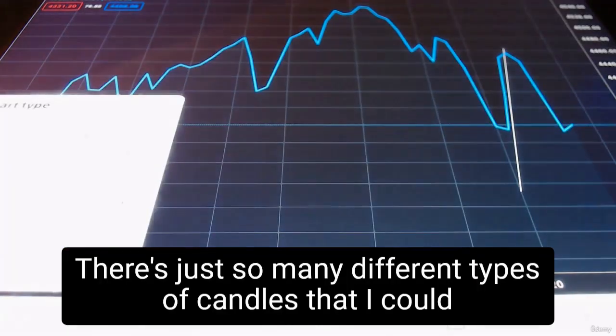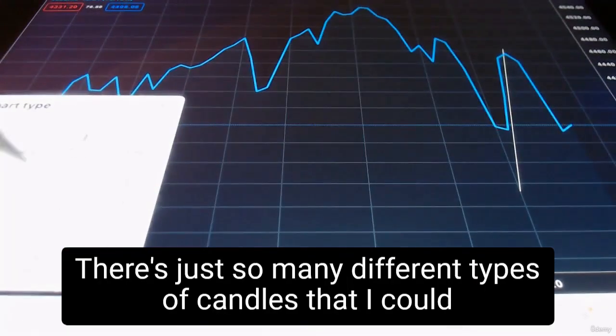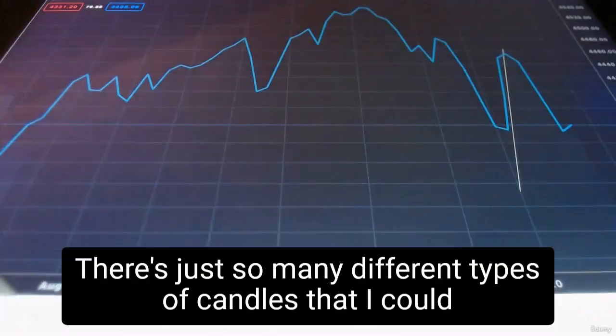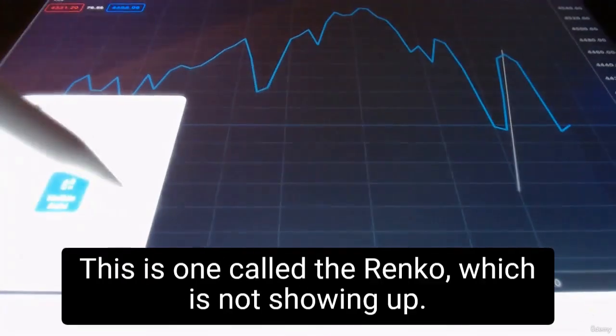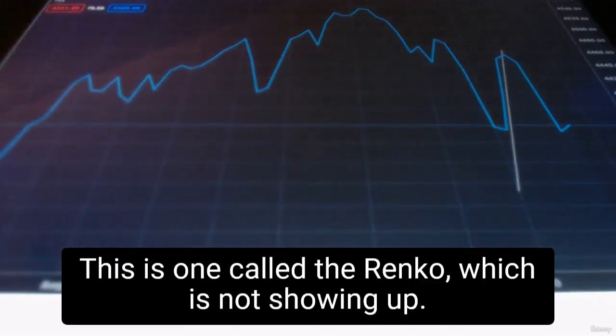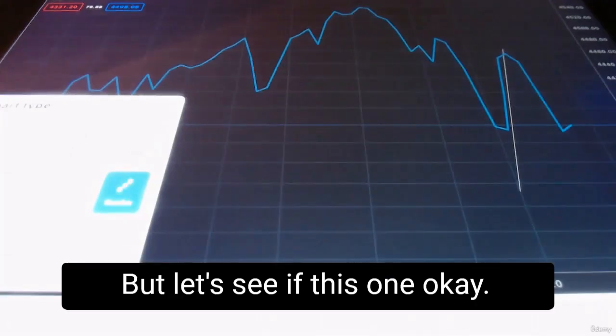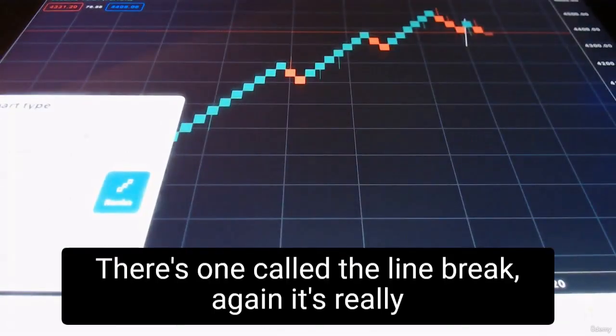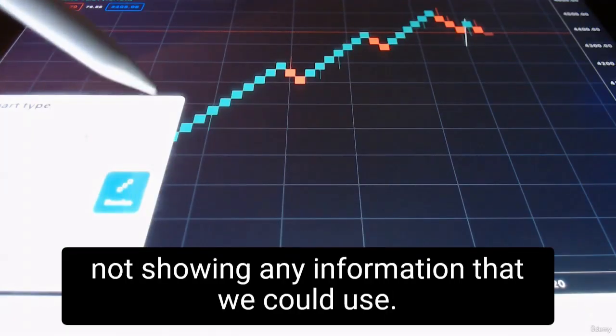There are so many different types of charts that I could go on. This one is called Renko, which is not showing up, but let's see if this one does. Here's one called the line break. Again, it's really not showing any information that we could use.